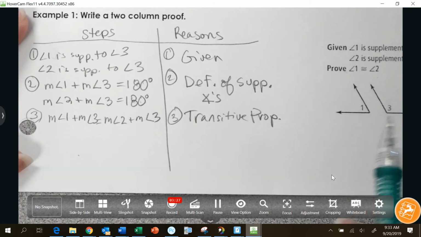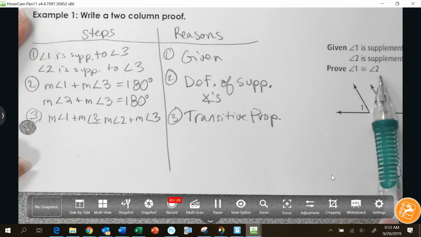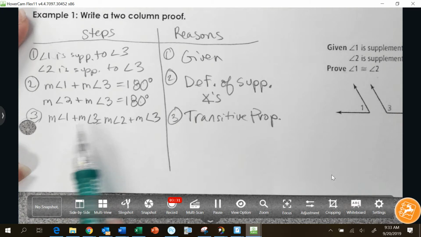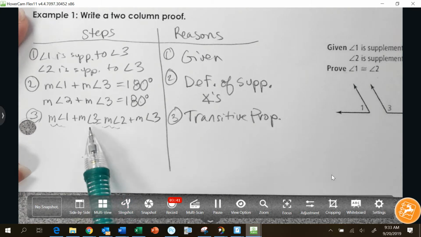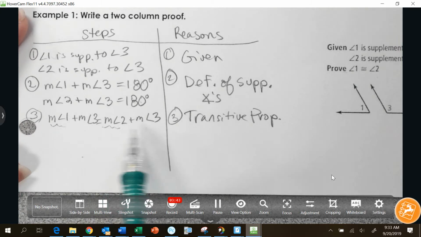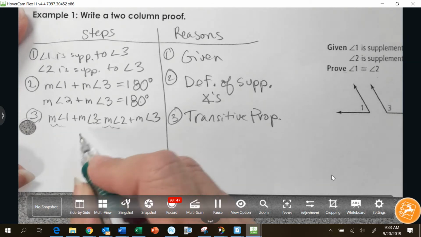Okay, now we're trying to get just angle 1 and angle 2 on equal sides by themselves. Look what's happening now. What could we do next? We can subtract measure of angle 3 from both sides, because measure of angle 3 is on both sides.